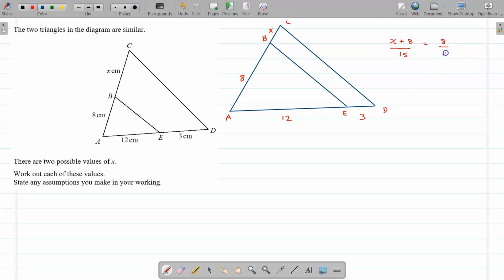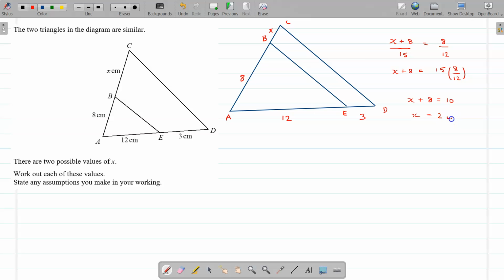If I multiply both sides by 15, I get x plus 8 equals 15 times 8/12, which is 2/3 of 15, which is 10. So x plus 8 equals 10, and therefore x equals 2, which is what we said, and we could almost see that was the answer. But there's the working out to justify it.